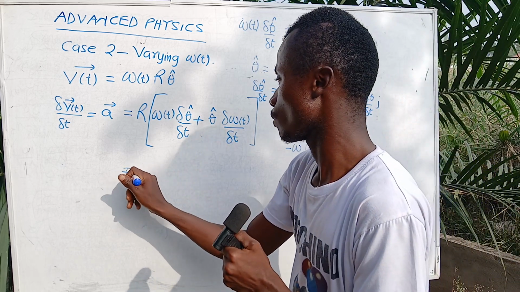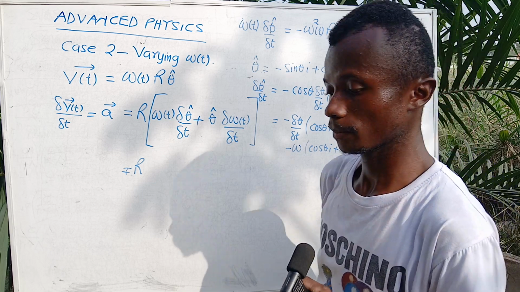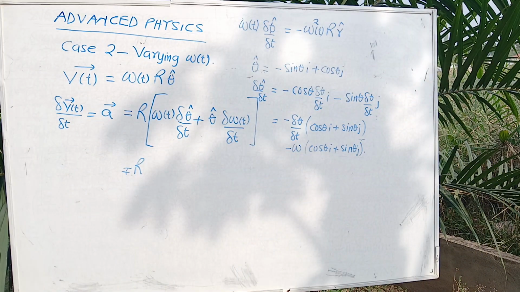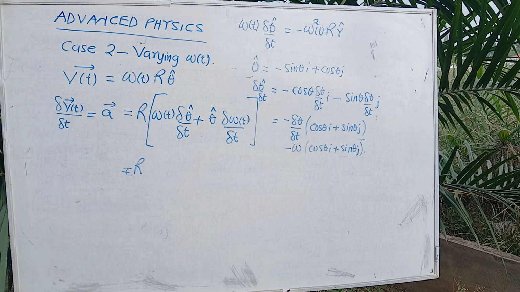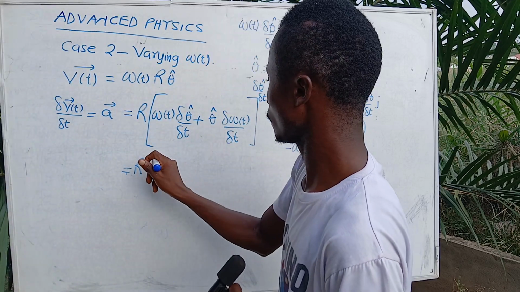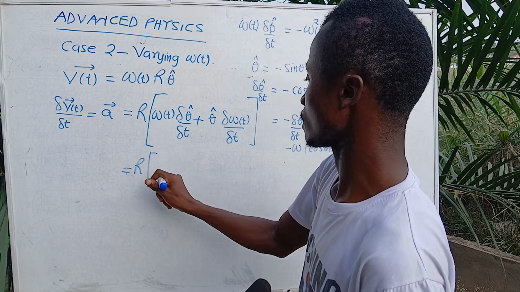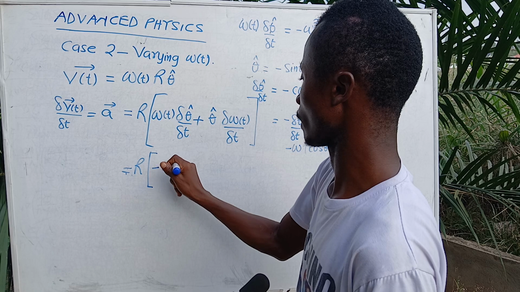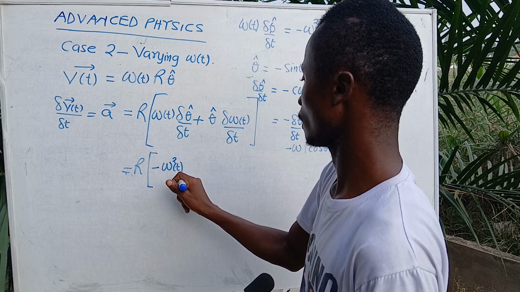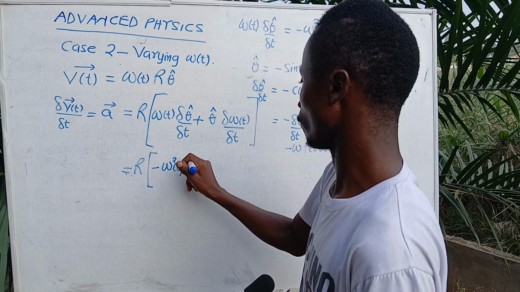So this is equal to r multiplying the whole of this quantity, which is negative omega squared, a function of time, times r roof.